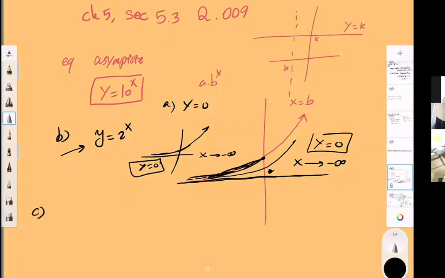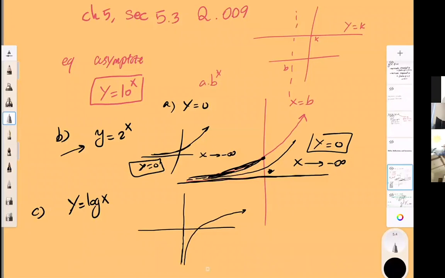Part C, they said y equal to log of x. Log of x is the inverse of y equal to b to the power of x. If you use a calculator and graph this one, you will get something like that. That's the graph of log of x, which is the inverse of the exponential.